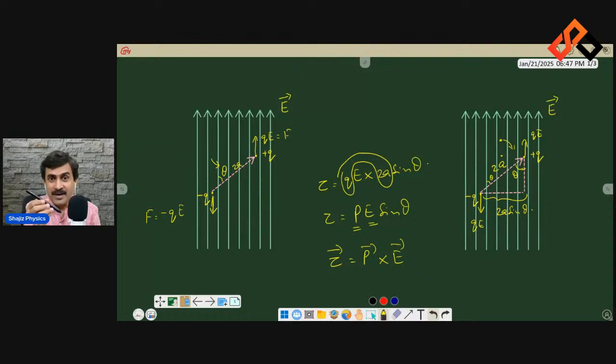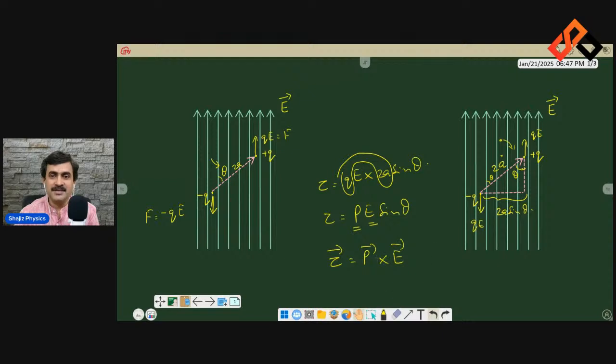So it has a tendency to go back and remain aligned parallel to the electric field. That is a natural tendency. So here, whenever you are rotating it through an angle theta, the work done by your end will be stored in that particular dipole as its potential energy, or more specifically, electrostatic potential energy.